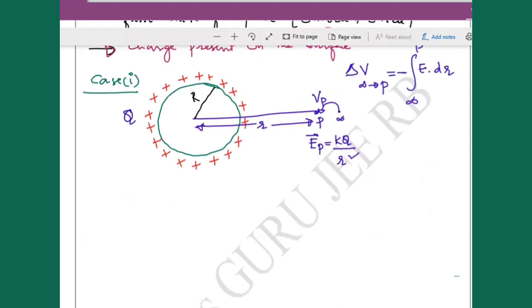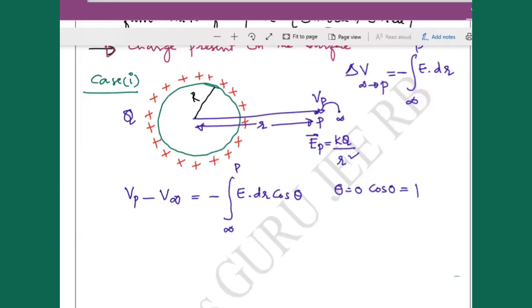Delta Vp can be written as V of P, that is final minus initial. I am bringing the charge from infinity to the point P, so it can be written as minus the integral from infinity to point P of E dr cos theta. Theta is 0, so cos 0 is 1.